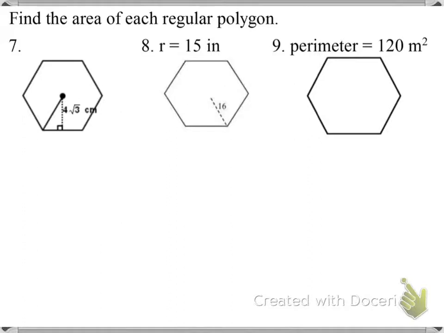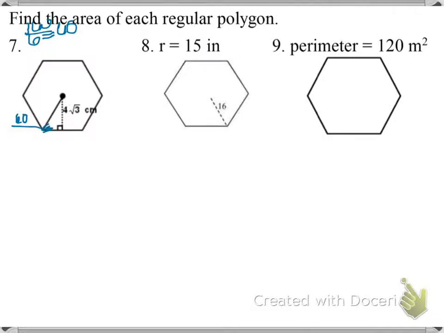Now we're getting a little bit more difficult. Here we have a hexagon. What I would have to do first is 360. This is something I don't know off the top of my head. 360 divided by 6 is 60. So the exterior angle is 60, which means the inside would all be 120.